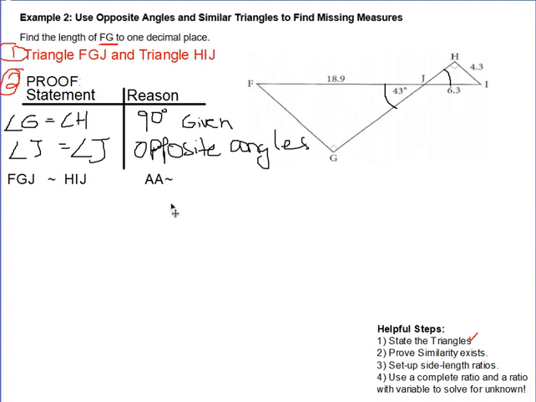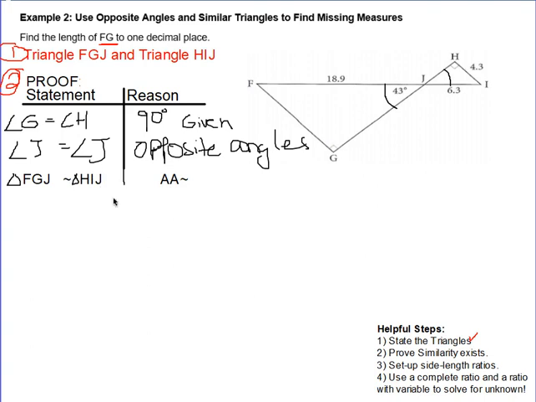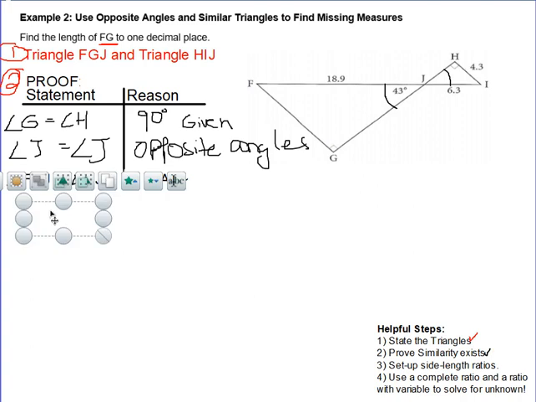Angle-angle similarity helped us prove that these two triangles, triangle FGJ and triangle HIJ, are in fact similar. Now that we know they are similar triangles, we know that the side length ratios will be equal to one another.